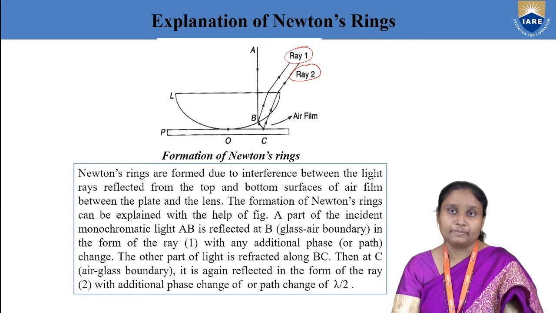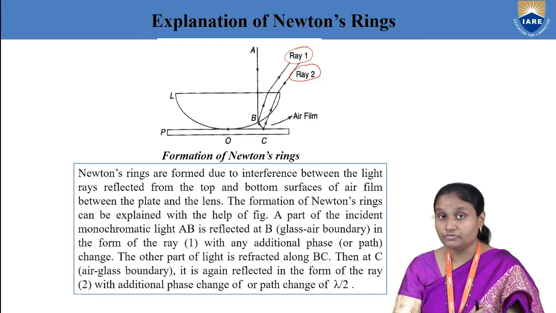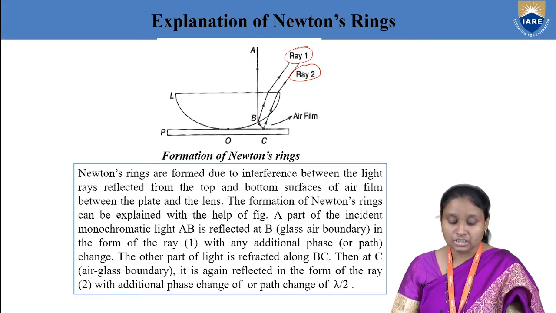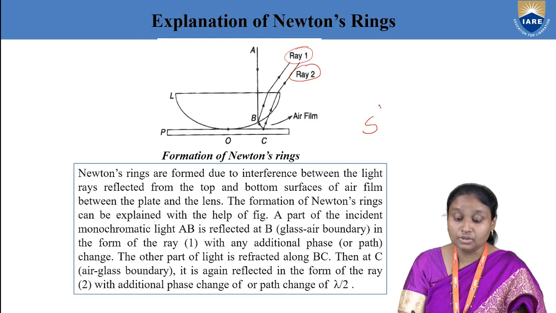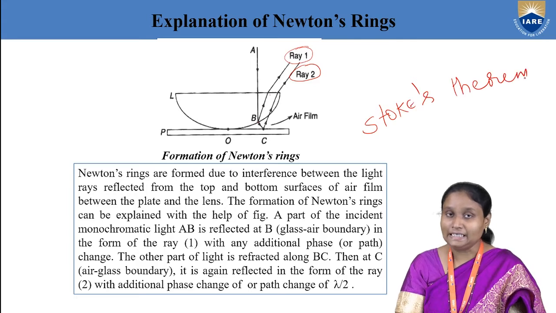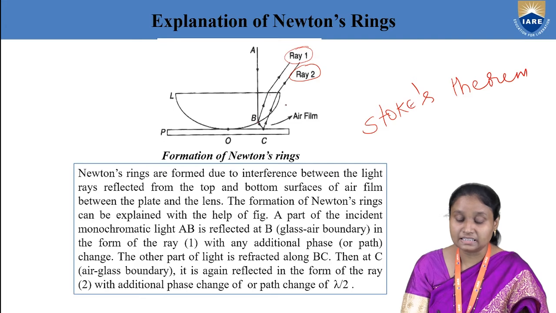The next step is to see what the condition is for a particular ring to be bright and what the condition is for a ring to be dark. For that, we take into consideration Stokes' theorem. And we know what Stokes' theorem says: when light gets reflected from a surface backed by a denser medium.